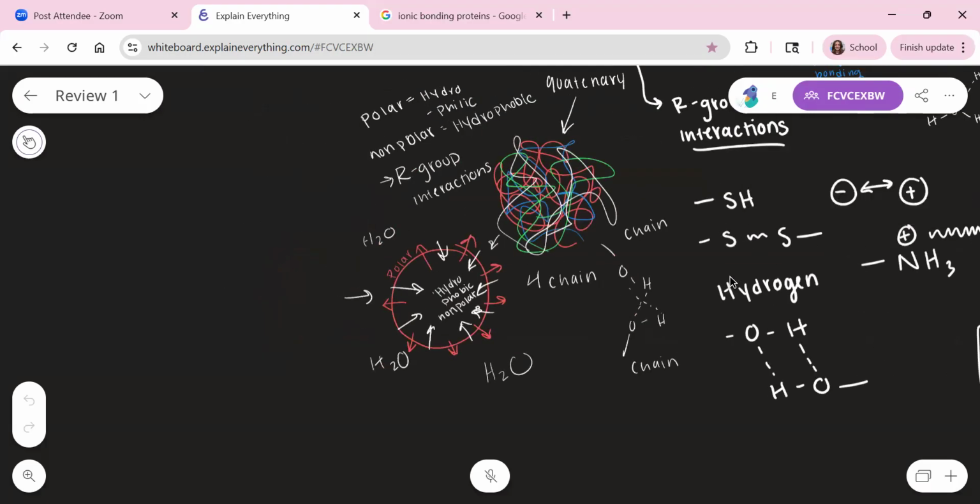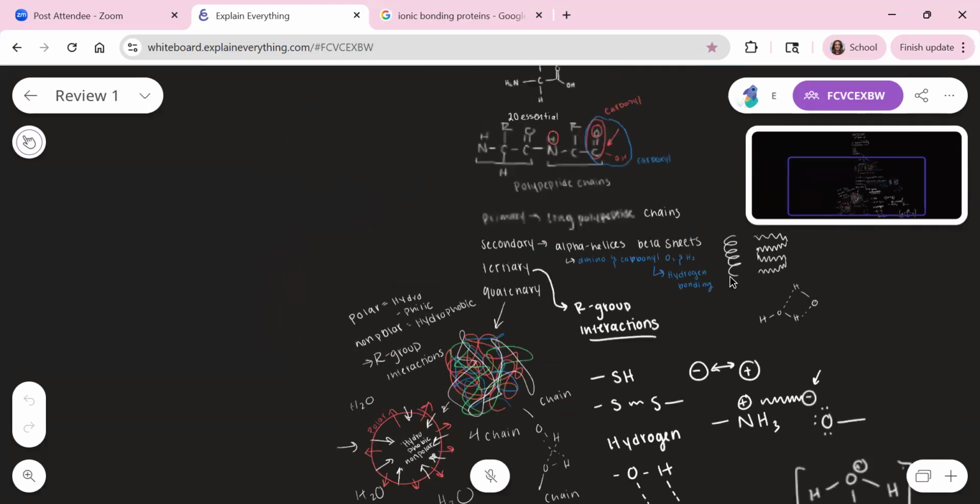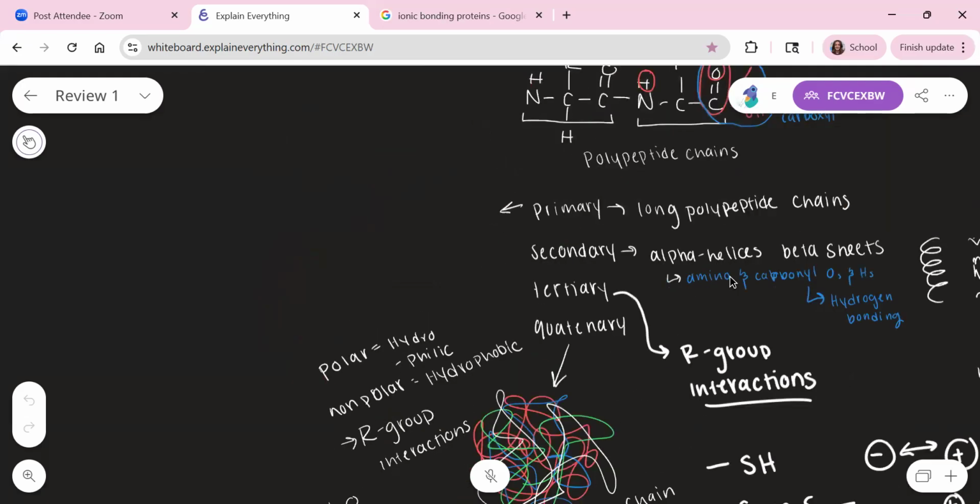And so what I would know for these is main chain, amino, carboxyl, H bonding, R group, and interactions between chains.